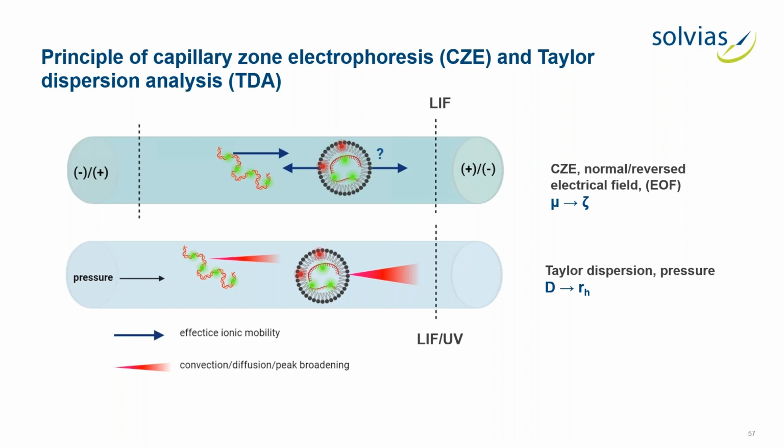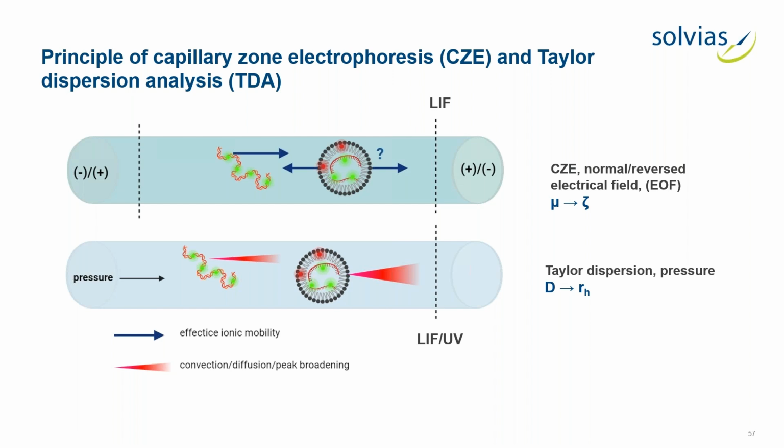In CE, the capillary is filled with a suitable buffer at a defined pH. And if we use SYBR Green as an RNA label, we know the mobility of the RNA. This is clear, it's anionic, but we have no idea regarding the mobility or ionic mobility of the lipid particle.